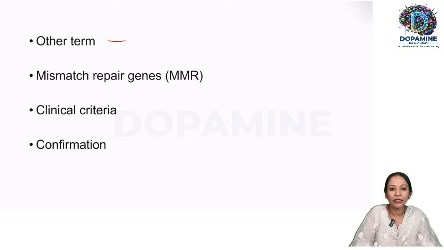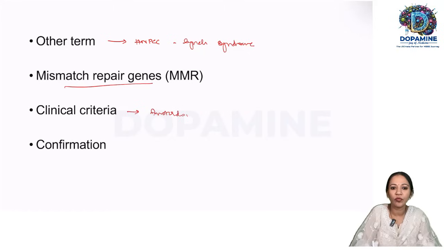The other, closely related term for HNPCC is Lynch syndrome, because of mutation in the mismatch repair gene. And what is the clinical criteria called? It is called Amsterdam criteria. So that is the criteria. And how do you confirm the diagnosis of HNPCC?